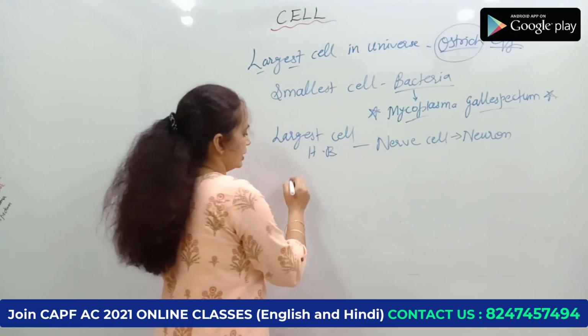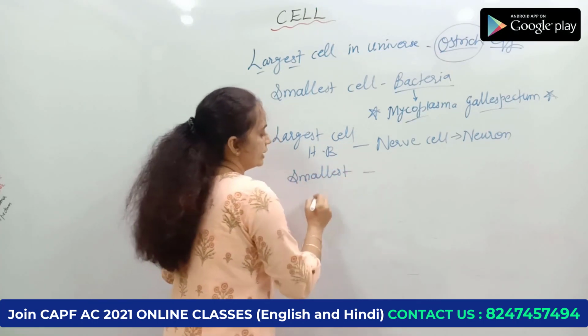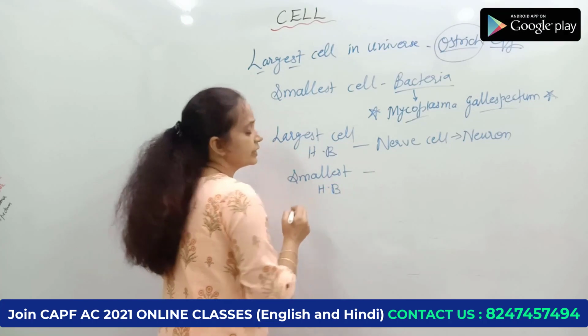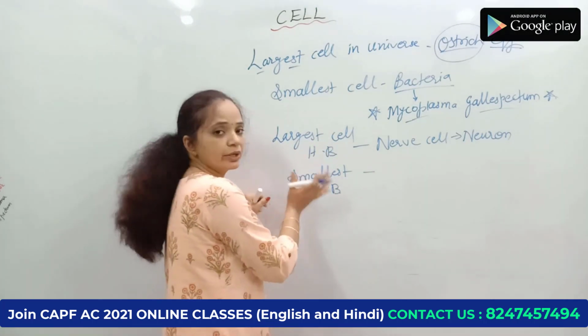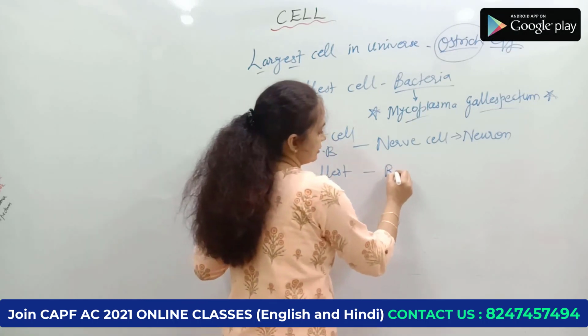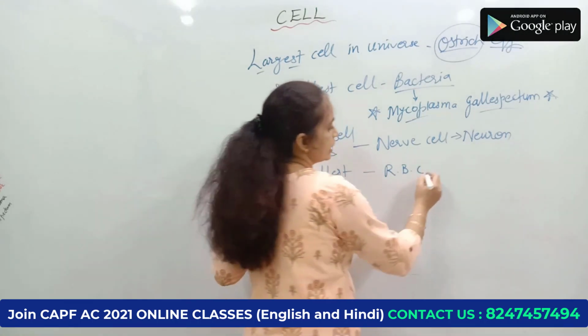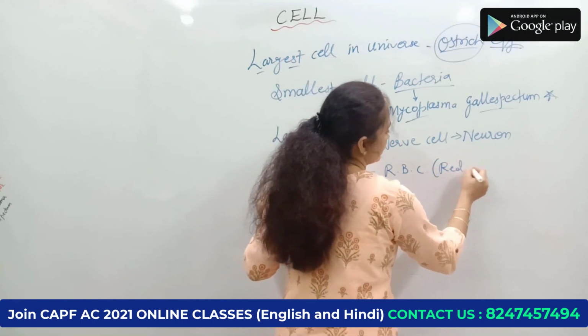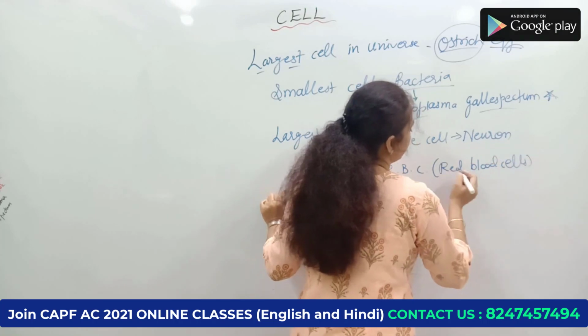And the smallest one in the human body. We are speaking only about humans. In the human body, the smallest cell is the RBC. What is RBC? Red blood cells. Where are they found?